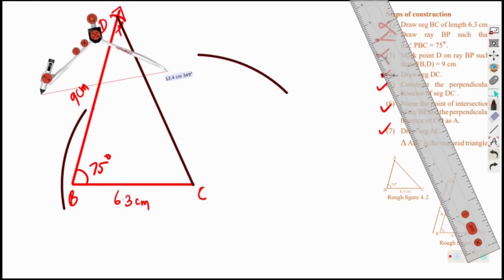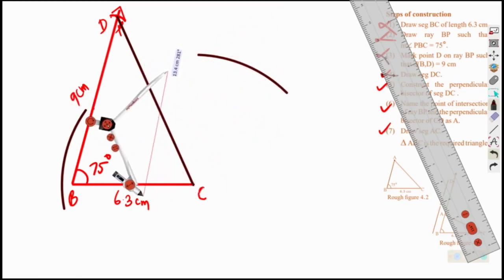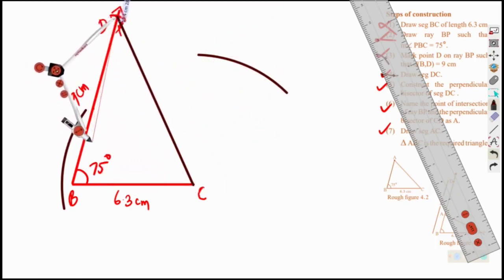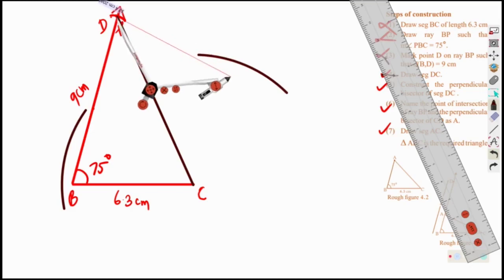We have to fix the compass in such a way that it does not get disturbed, and we will keep it on the other end of the segment, this way. Okay, and we have to complete the drawing by drawing an arc accordingly.